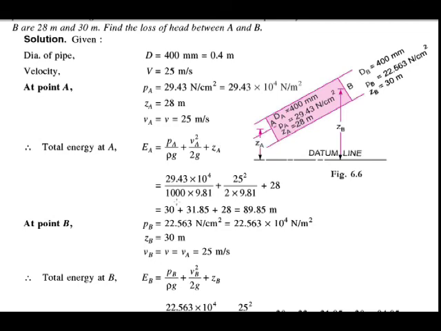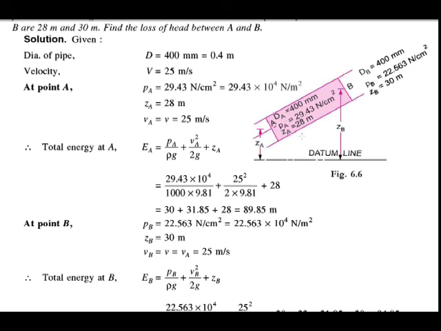Which is equal to 29.43 into 10 raised to 4 upon 1000 into 9.81 plus 25 square upon 2 into 9.81 plus 28, which is equal to 30 plus 31.85 plus 28, which is equal to 89.85 meter. This is the total energy at point A.